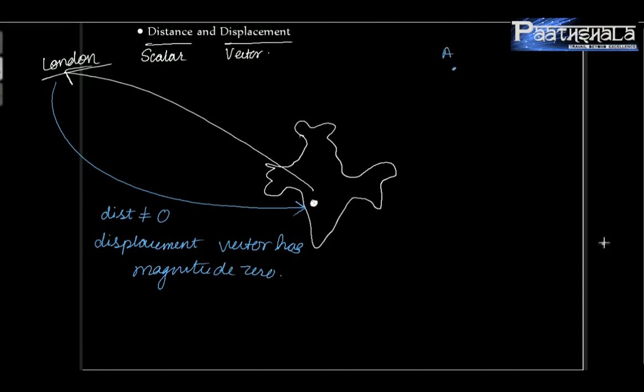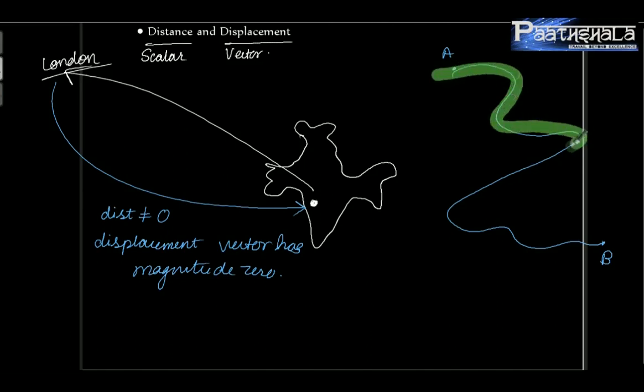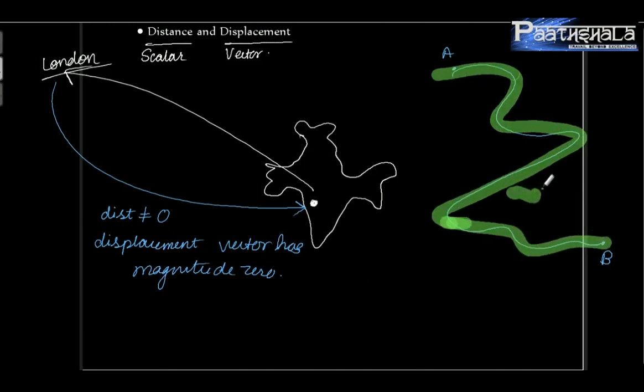From point A to point B, an object moves via some path. The actual length of the path, the entire length of the path, is basically the distance traveled.